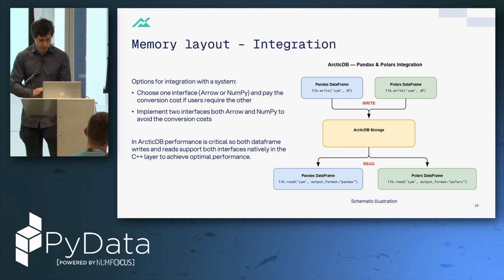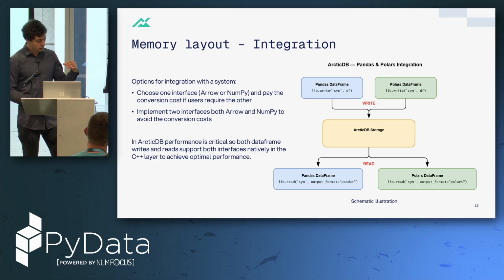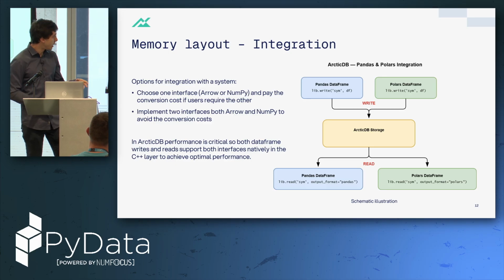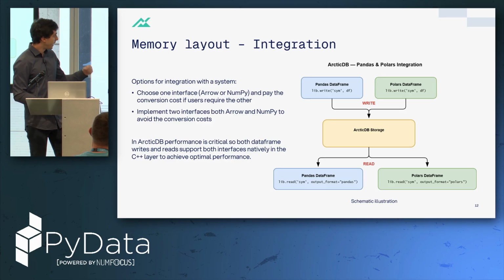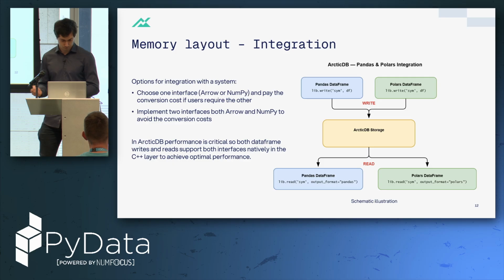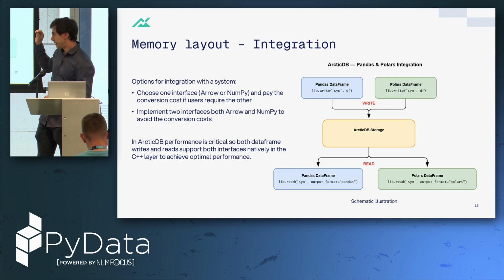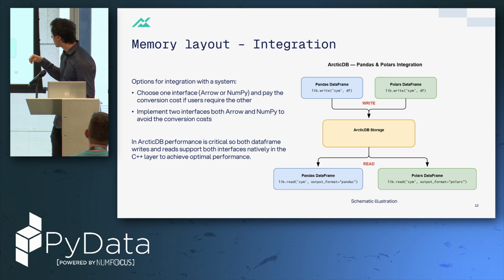What we have done in ArcticDB is a bit different. We have made two different interfaces, both to Arrow and to NumPy, which work natively and directly translate into the internal storage layout of ArcticDB. So you can write a Pandas data frame into ArcticDB, and the ArcticDB engine will natively understand the memory layout of the Pandas data frame and efficiently encode it into the storage layer.